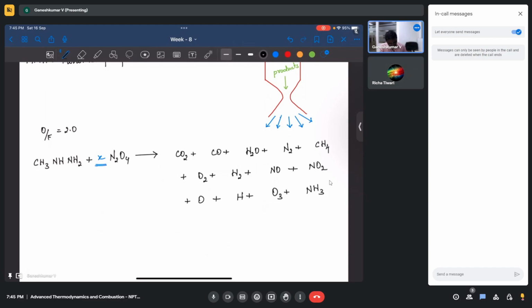What else can it form? OH. OH is an important species in the products of combustion, the hydroxyl group. I can have hundreds of compounds like this. I can keep on going. My question is, how do I find this product composition?